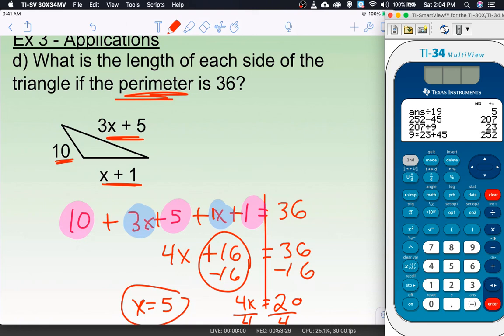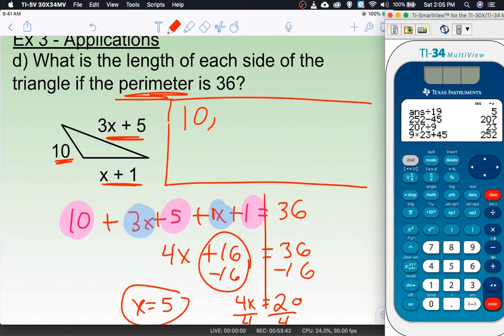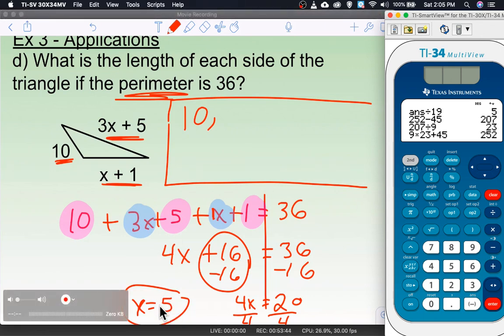x equals 5 is not the length of each side of the triangle. So the answer to this problem is maybe a sentence or a list. The length of each side of the triangle. So I have a length of 10. A length of, if I plug in 5 for x, 5 plus 1 is 6.